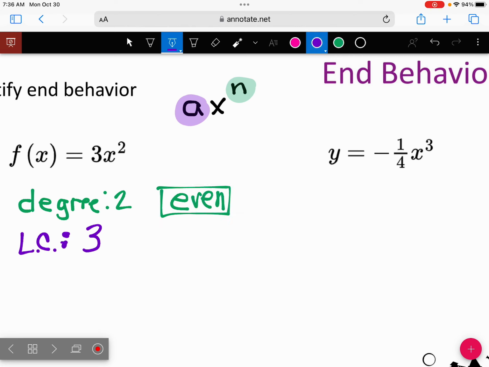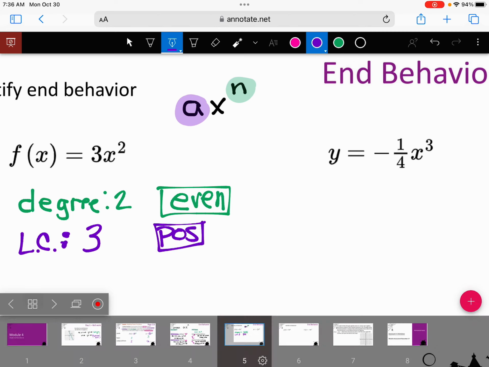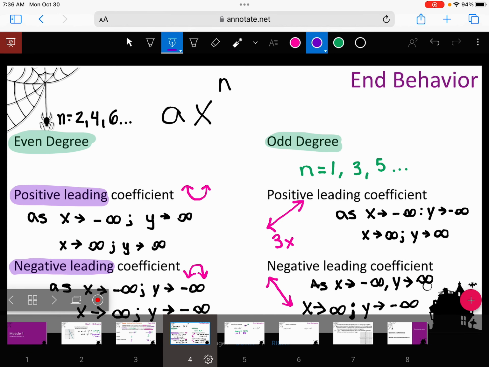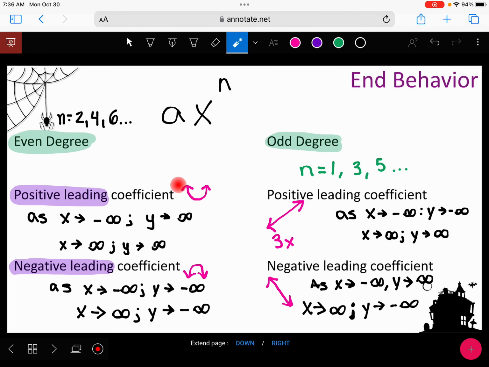My leading coefficient, is it positive or negative? It is positive. So we're going to look at our list for even and positive. So even and positive, that's when we think about a happy face parabola. And this is going to be our end behavior.